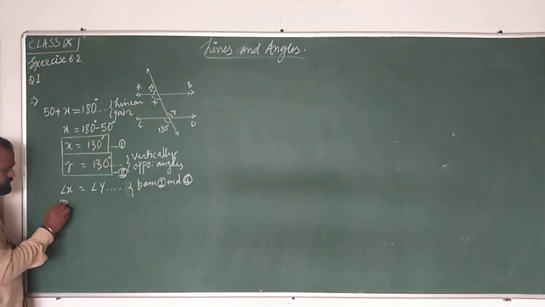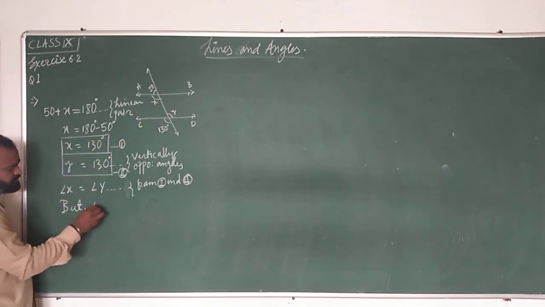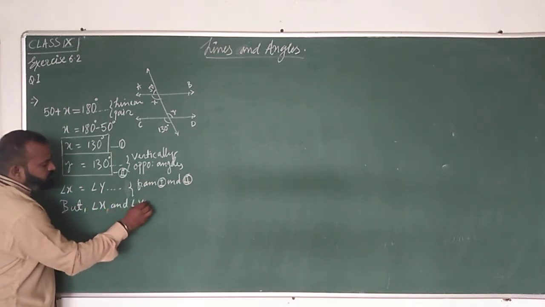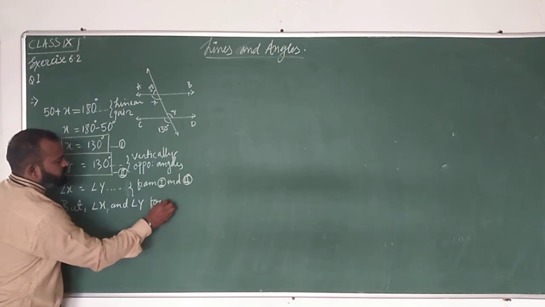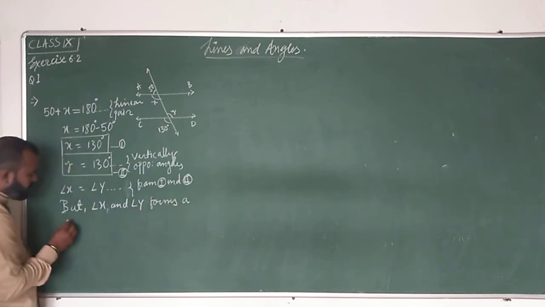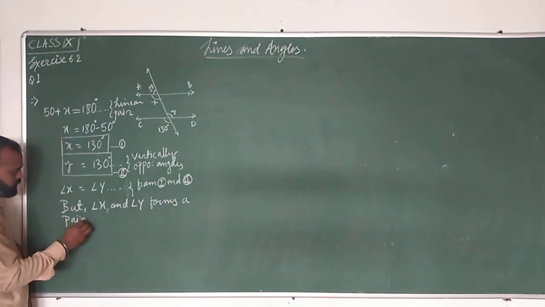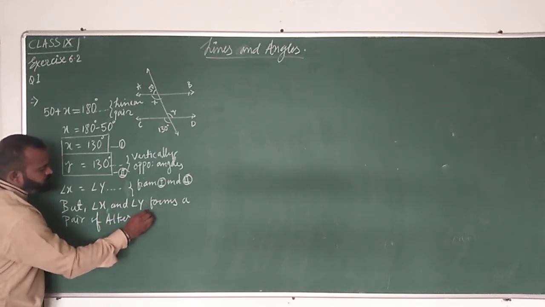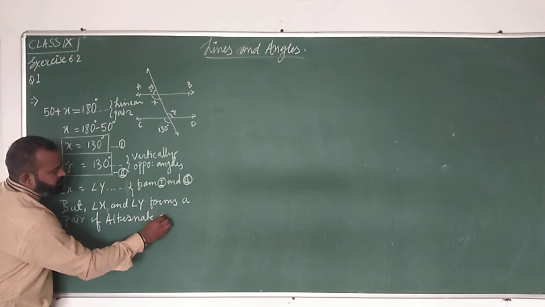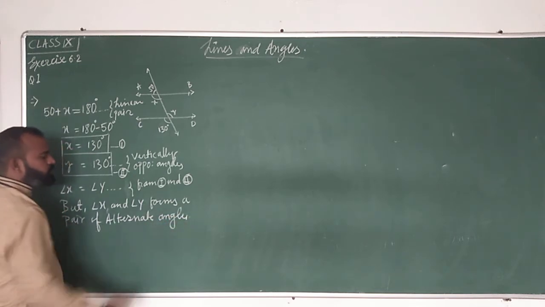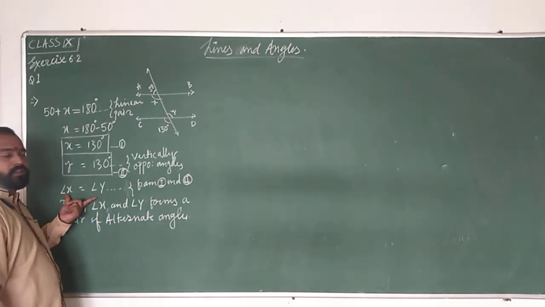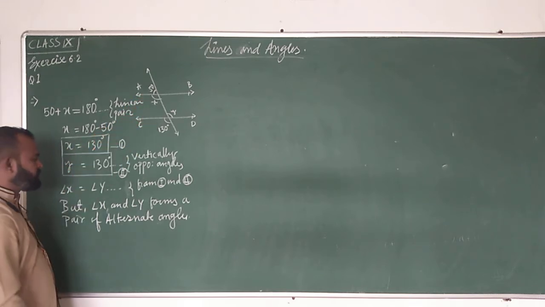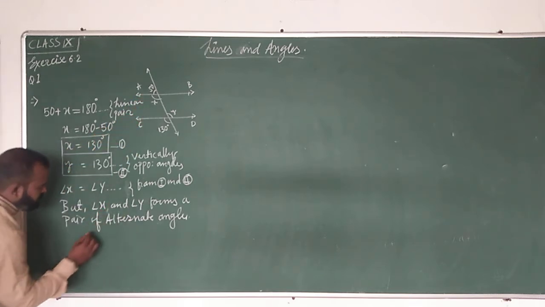But angle x and angle y form a pair of alternate angles. And we know if alternate angles are equal, then the lines AB and CD will be parallel to each other.